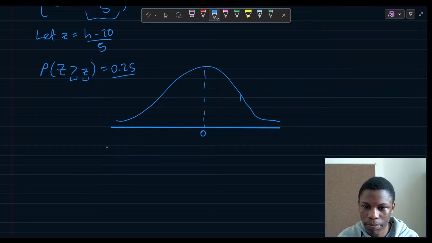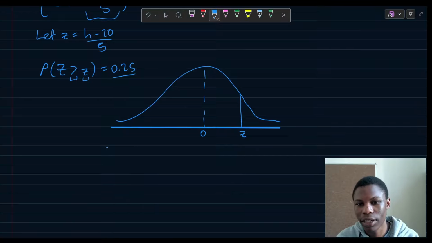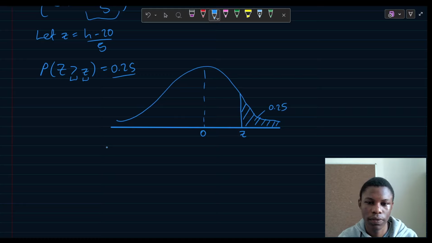So that means our small z has to be somewhere here so that the area to its right is 25%. So it's 0.25. That means the unshaded area there has to be 1 minus 0.25, because remember the total area under the curve is 1. So this has to be 0.75.